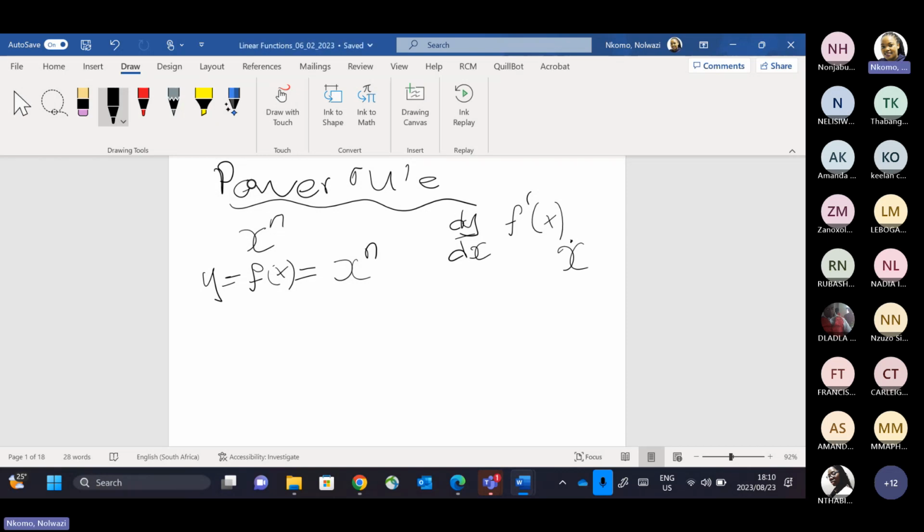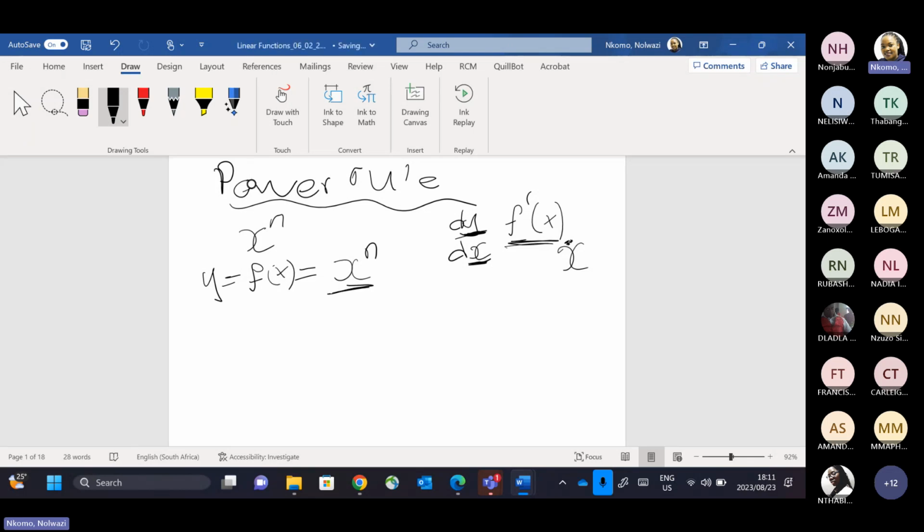It means you differentiate the function y with respect to x. f prime is also the same thing: we are differentiating the function f with respect to x.